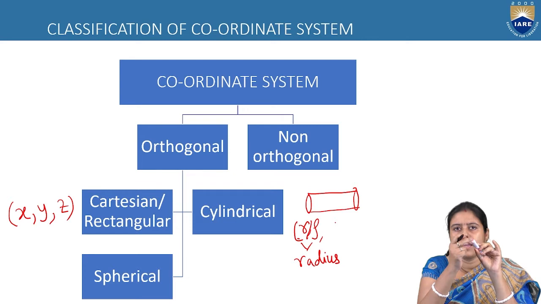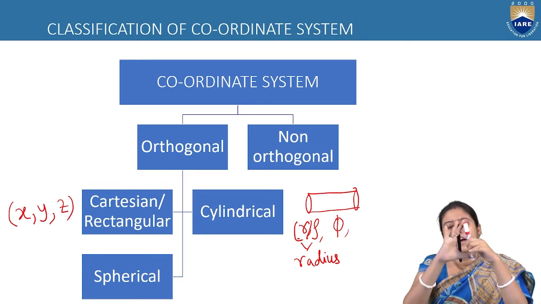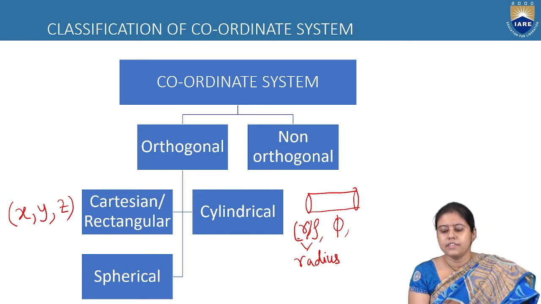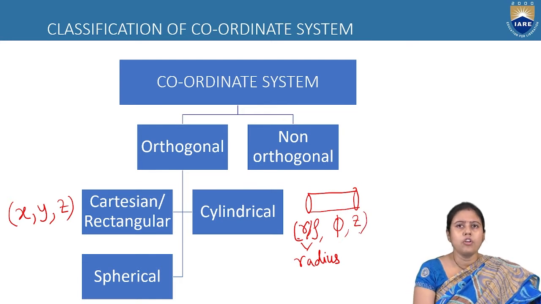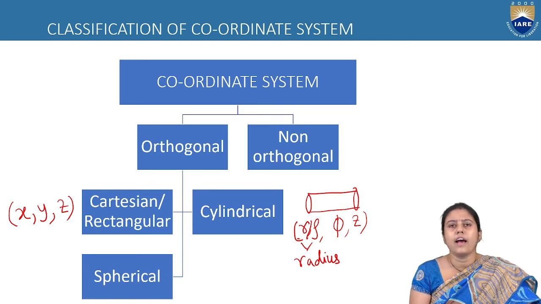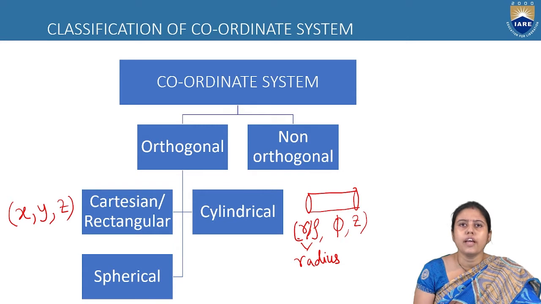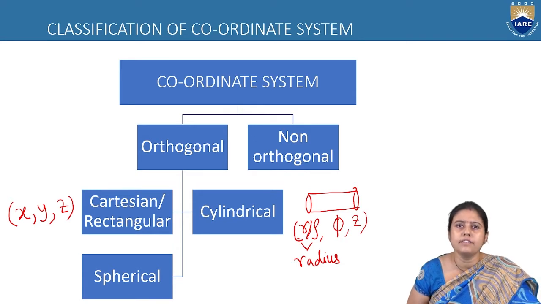As this is a circle, it has some angle, and the angle is always written as phi. And the height or length is z. The radius, height and angle are always 90 degrees apart from each other. So this is a good example of a coordinate system.